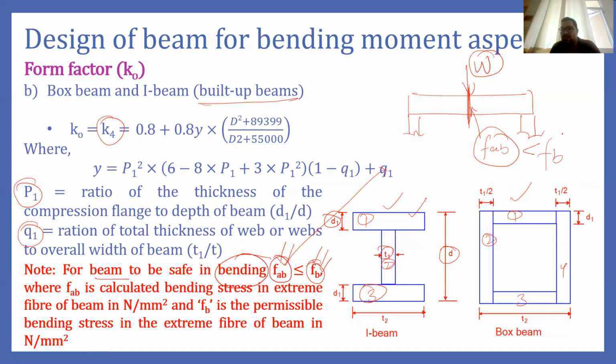So that is the condition that we have to satisfy, that this actual bending stress caused due to this load should be less than the permissible bending stress given in the table. If we are able to satisfy this condition, we say that our beam is safe in bending criteria.